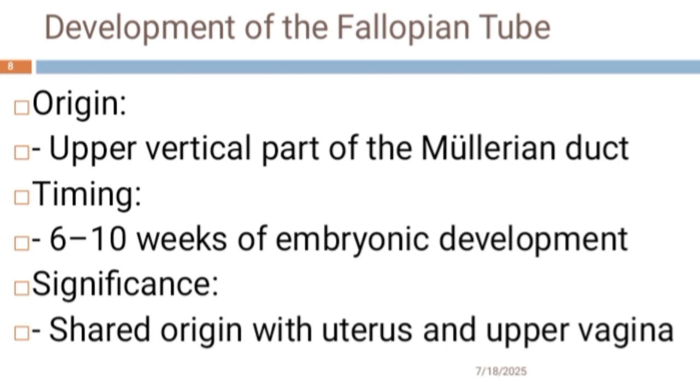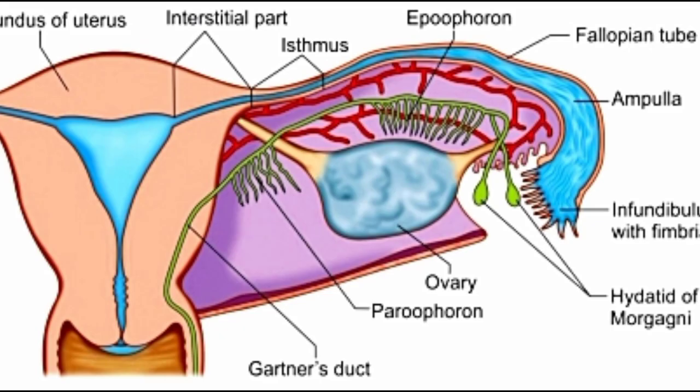Let's recap. The fallopian tube, a 10-centimeter paired structure in the broad ligament, has uterine and pelvic openings facilitating gamete transport. It has 4 parts: intramural, isthmus, ampulla, and infundibulum, each with specific roles. Its 3 layers: serous, muscular, and mucous support gamete transport and fertilization.